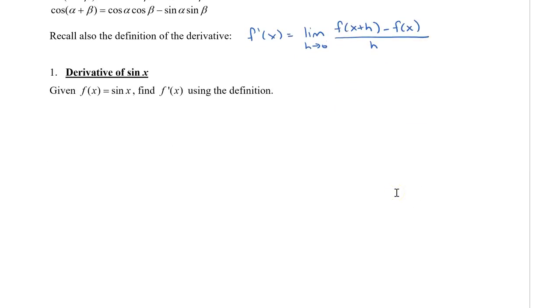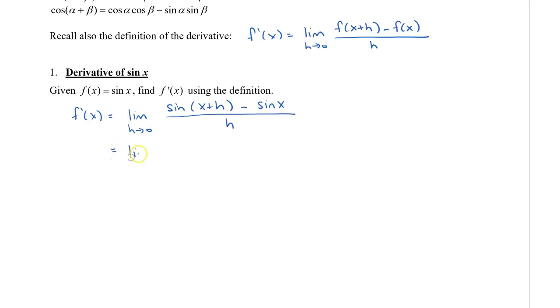All right, so f prime of x is equal to the limit, and we're going to take the x plus h and plug it into x where it's sine x. So it's going to be sine of (x plus h), and then minus f of x, in this case sine x, all divided by h as h approaches 0.